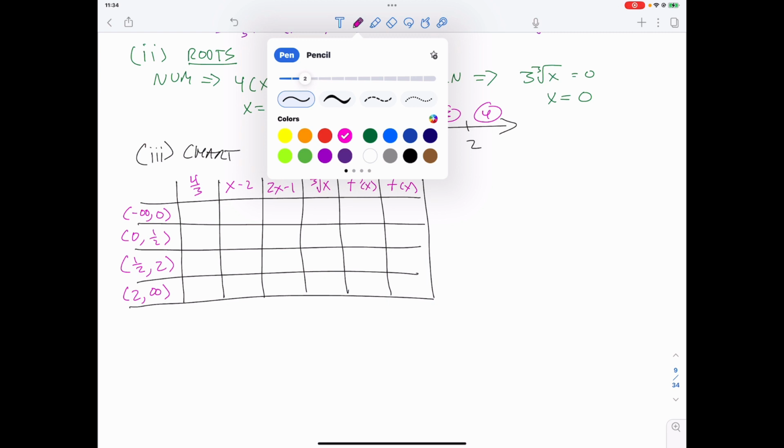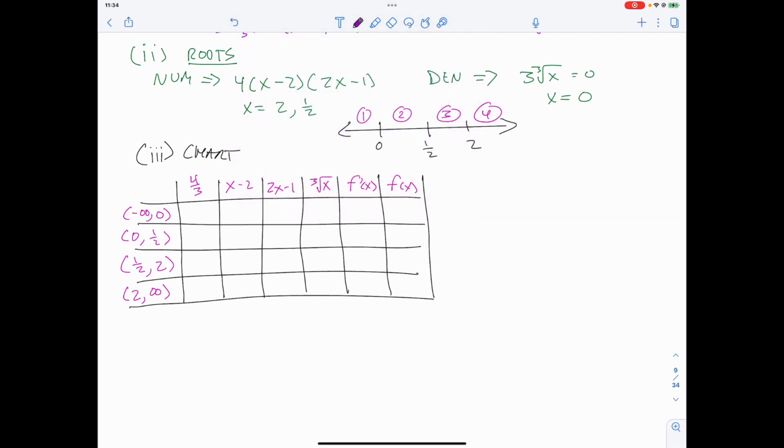When I pick a negative number or a number that is less than 0, I get a positive, a negative, and a negative. When I pick a number between 0 and 1/2, like 1/4 or 0.25, I get a positive, a negative, and a positive. When I pick a number between 1/2 and 2, like 1, I get a positive, a negative, a positive, and a positive.